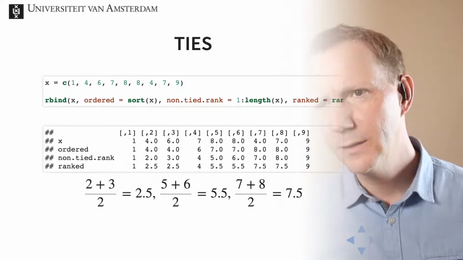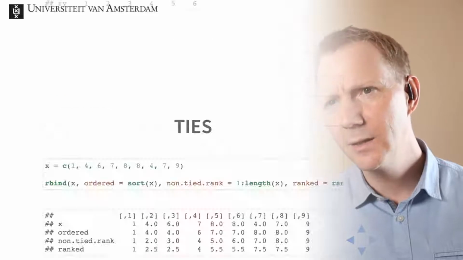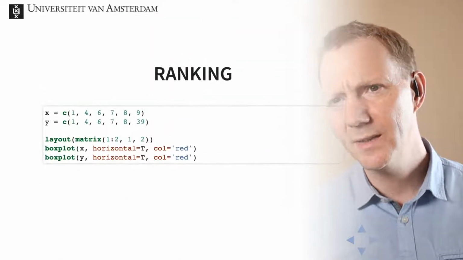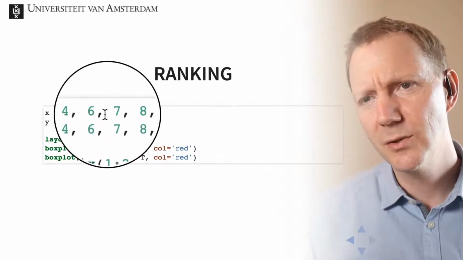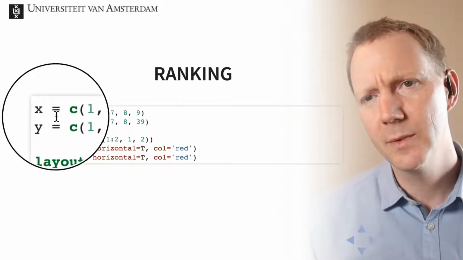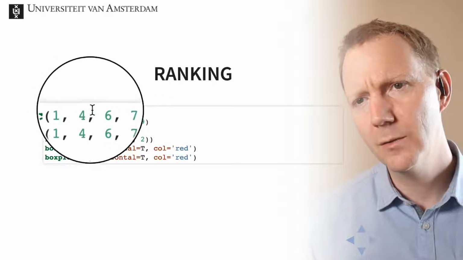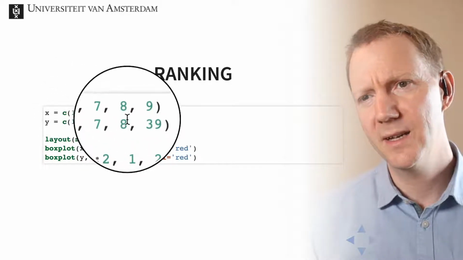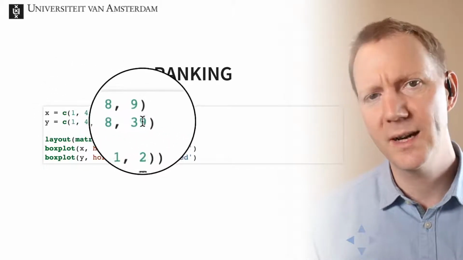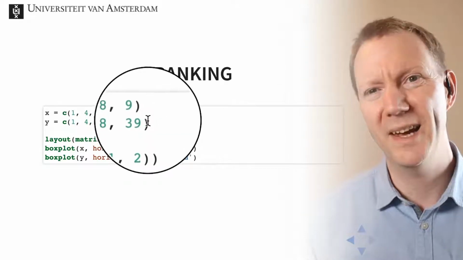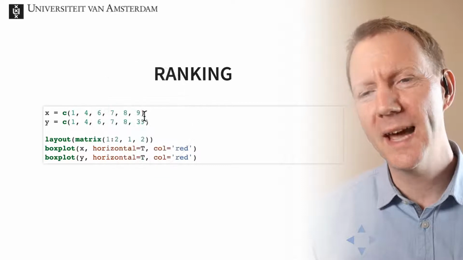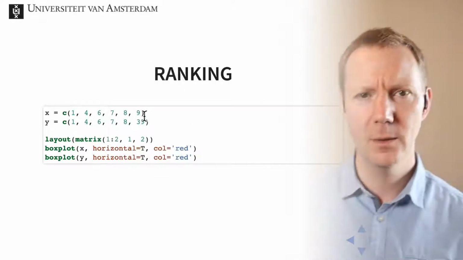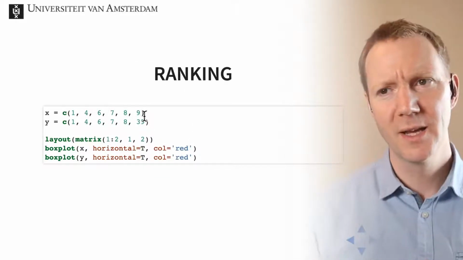I'm looking if I have maybe skipped one slide. Yeah, this one. So the two vectors are essentially the same, x and y. It's 1, 4, 6, 7, 8, 9, and 39. And the 39 is actually a planned outlier in this case. But this 39 will have significant impact in the way the model fits.